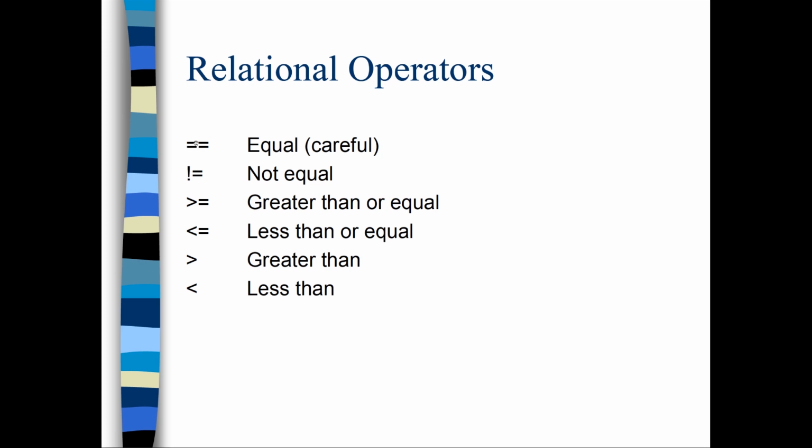Single equal is the assignment operator that is used to assign a value from right to left, that is a right association, whereas this double equal to is used to check your values with a condition. If both values, the left and right values, are equal, then the particular operation results to true. This is not equal to, this is greater than or equal to, less than or equal, greater than, and less than. So these are all the supported relational operators that can be used inside an if statement.